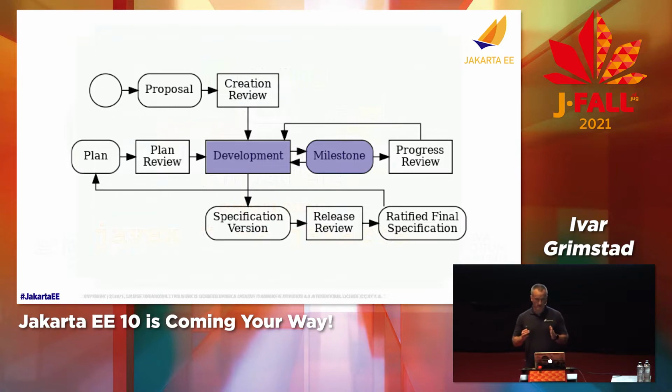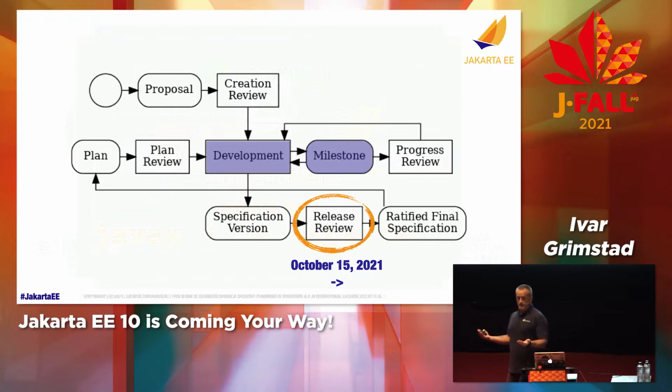Currently, we are developing and producing milestones of the APIs and the implementations and everything, and all the projects involved are doing this. And we, as a platform project, set the date from October 15. We're going to start expecting to have release reviews, because this is a visualization of the Jakarta EE specification process.